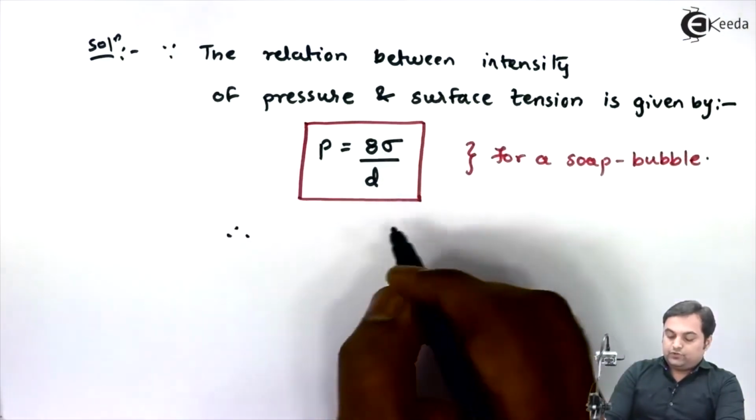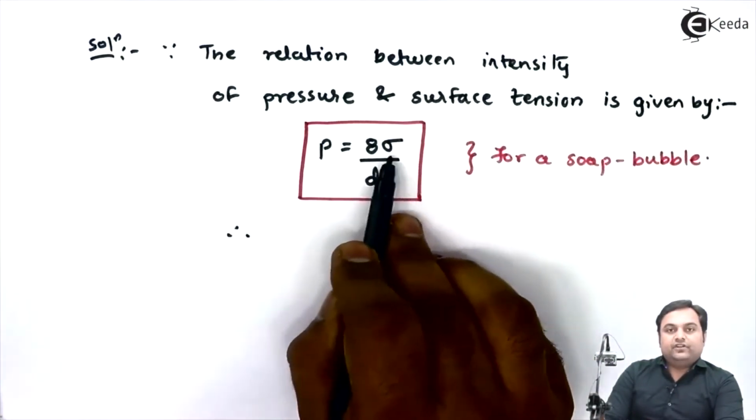So for a soap bubble, the pressure intensity and surface tension relation is here.